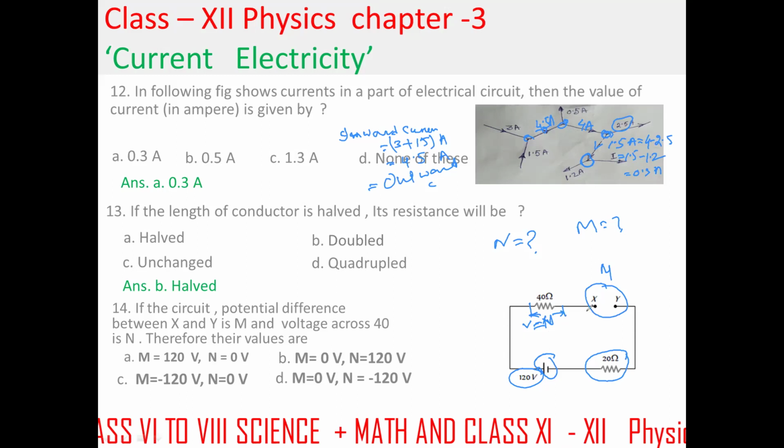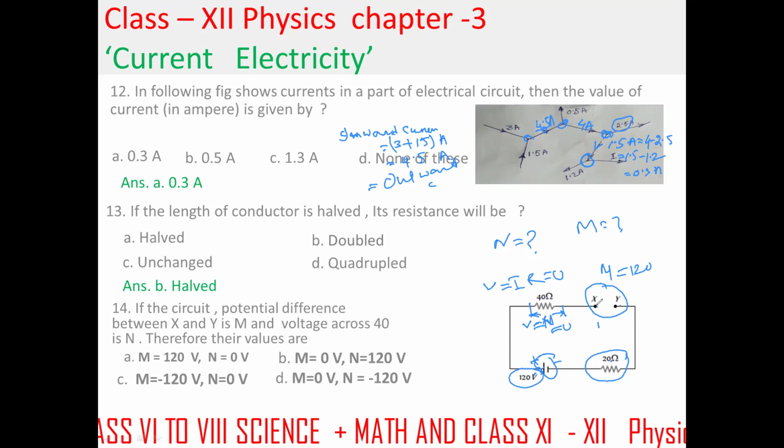So if there is no current flow, then the voltage drop at 20 ohm and 40 ohm is definitely zero, because you know V equals I into R. Resistance is 40 but current is zero, so it will be zero. So N would be zero, and in the battery it is 120 volts, plus and minus. So 120 volts will come here and 0 here.